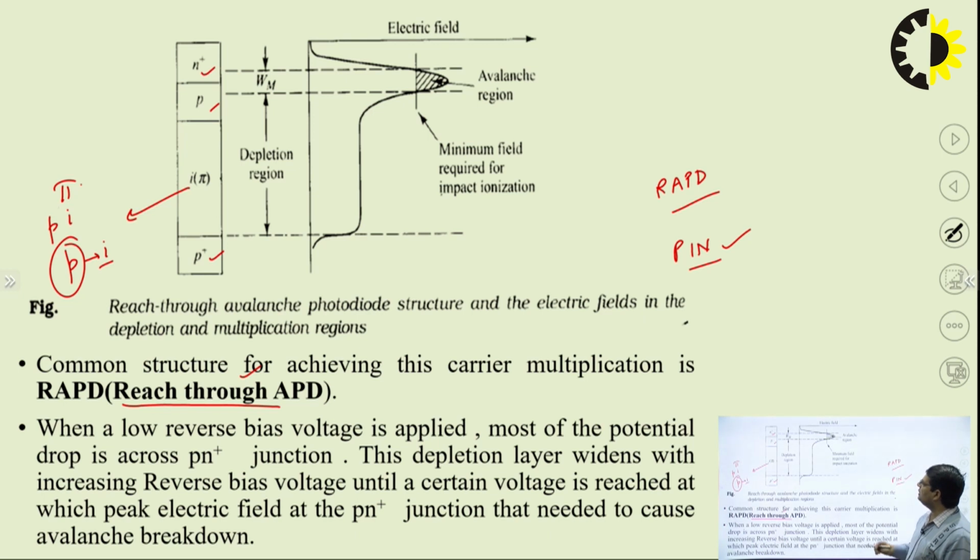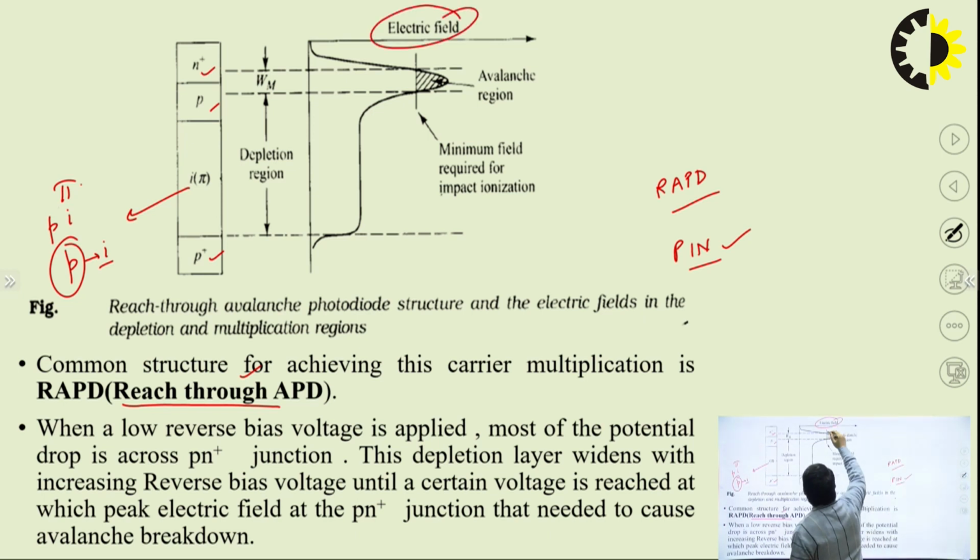Only after achieving a certain minimum electric field in reverse bias does the avalanche region, where impact ionization or the avalanche effect takes place, come into play.